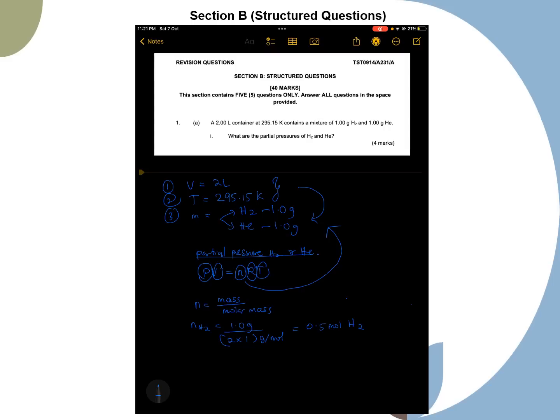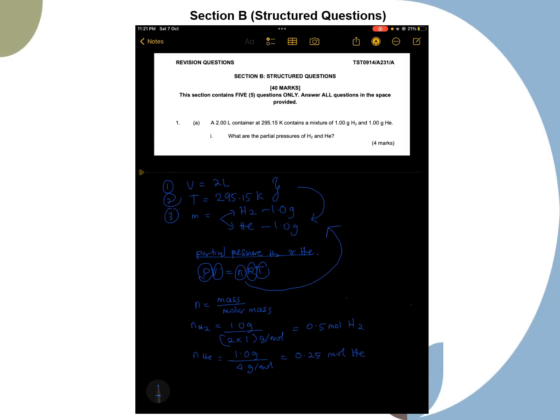For the mole of helium, same formula, it also has 1 gram divided by its molar mass. You can refer to your yellow page: 4 gram per mole. If you press the calculator, you will get 0.25 mole of helium.